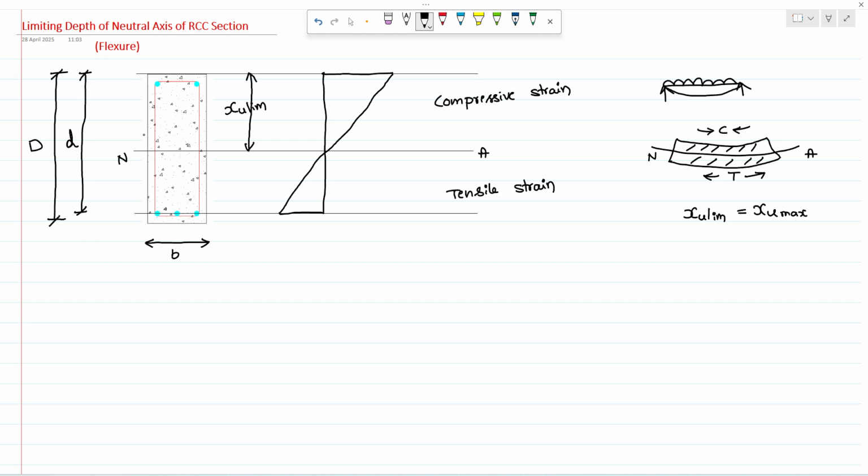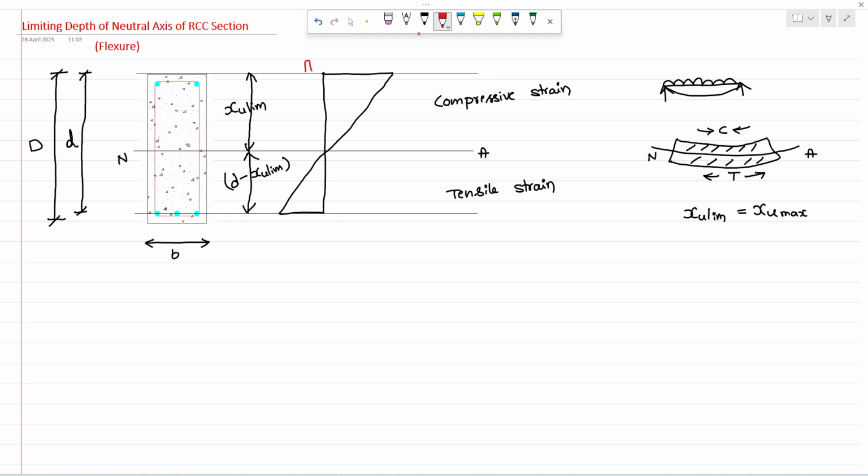Both are the same. So the remaining depth can be written as D minus XU limit. Clear?